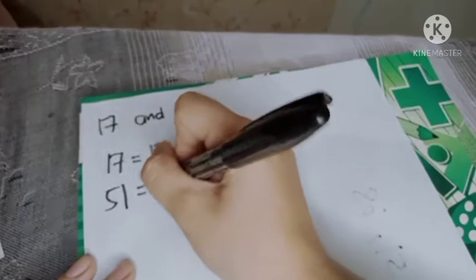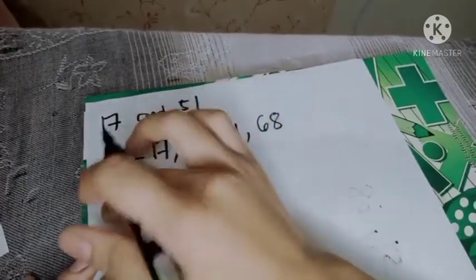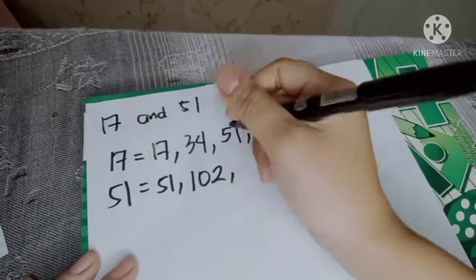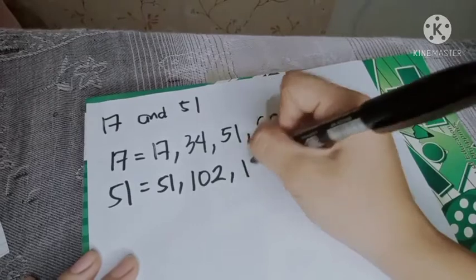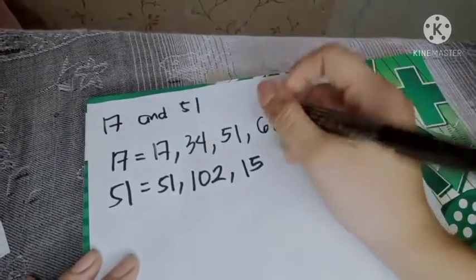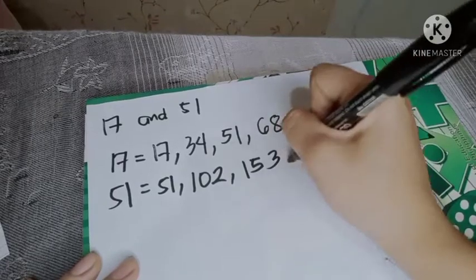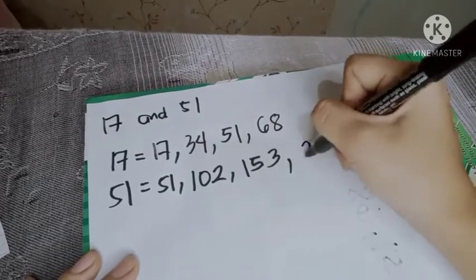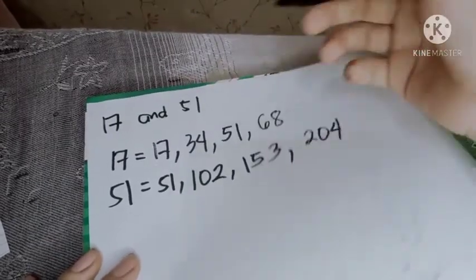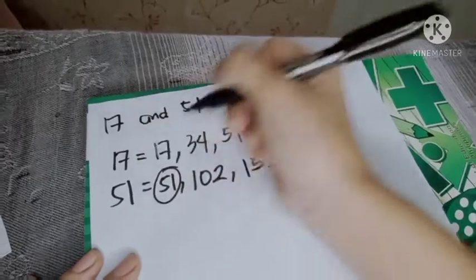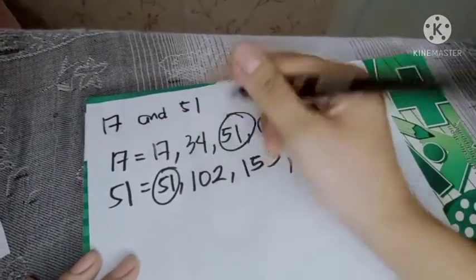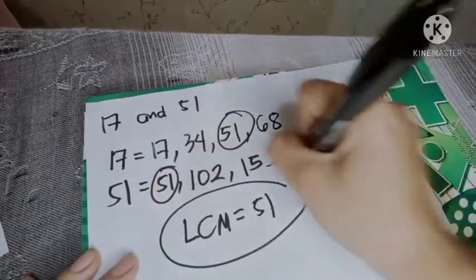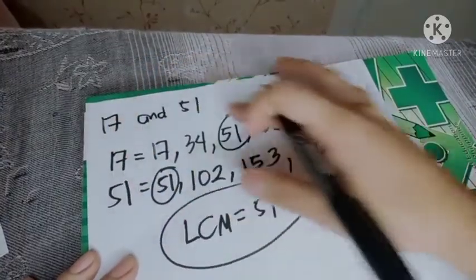Then for 51: 51 plus 51 equals 102, 102 plus 51 equals 153, 153 plus 51 equals 204. The common multiple here is 51. So the least common multiple is 51. So 51 is the least common multiple of 17 and 51.